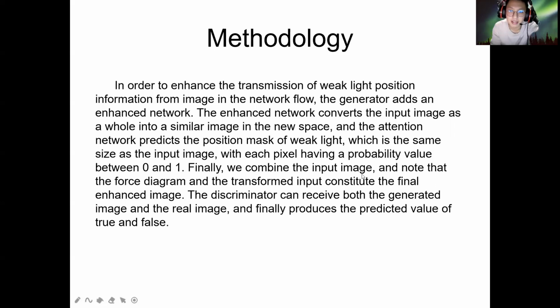Finally, we combine the input image, the attention map and the transformed image to constitute the final enhanced image. The discriminator can receive both the generated image and the real image, and finally produces the predicted value of true and false. It's the method that we choose to solve the problem in our paper.